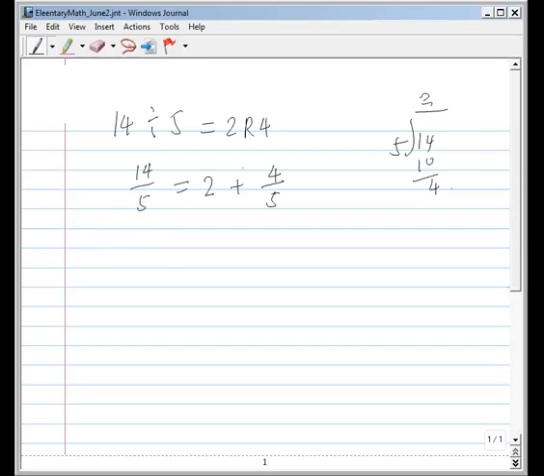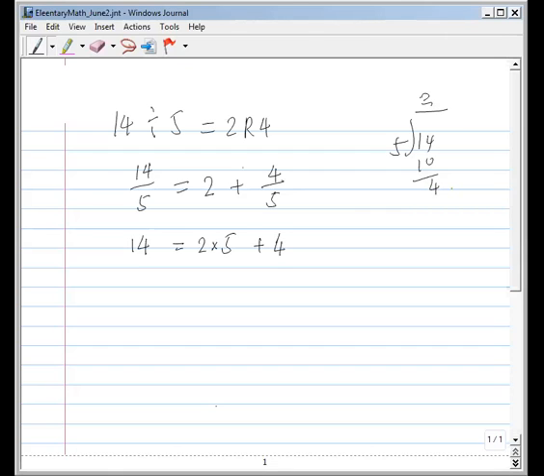So this is an identity, but you can also multiply both sides by 5. You can express 14 as 2 times 5 plus 4. So this is another identity, and you can check that. The quotient times the divisor. Let's give the names here.